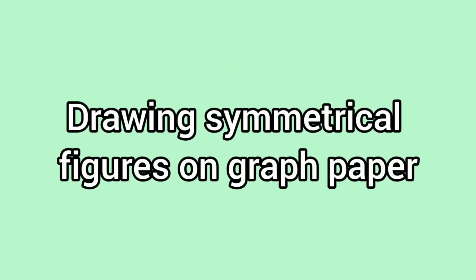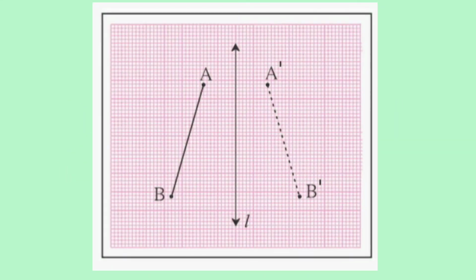Students, now we'll learn drawing symmetrical figures on graph paper. Now observe the figure on the graph paper. The line segment AB is drawn on the left of the line L. The points A dash and B dash are as far on the right of L as A and B are on its left.